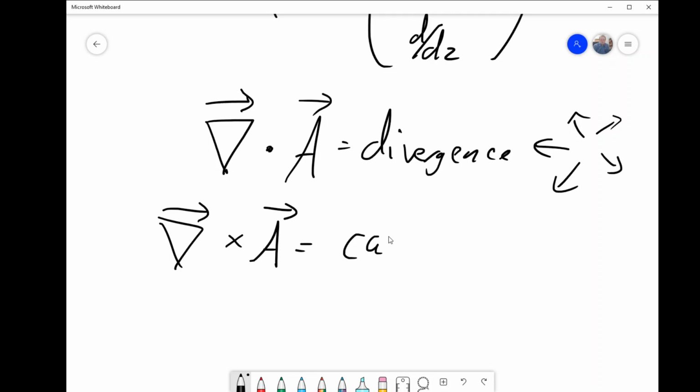This one is called the curl. It measures how much curl we have, so how much these vector lines curve around. These are the interpretations that we need. Now that we have these tools in place with divergence, with curl, and with vector multiplication, we are ready to dig into Maxwell's equations.